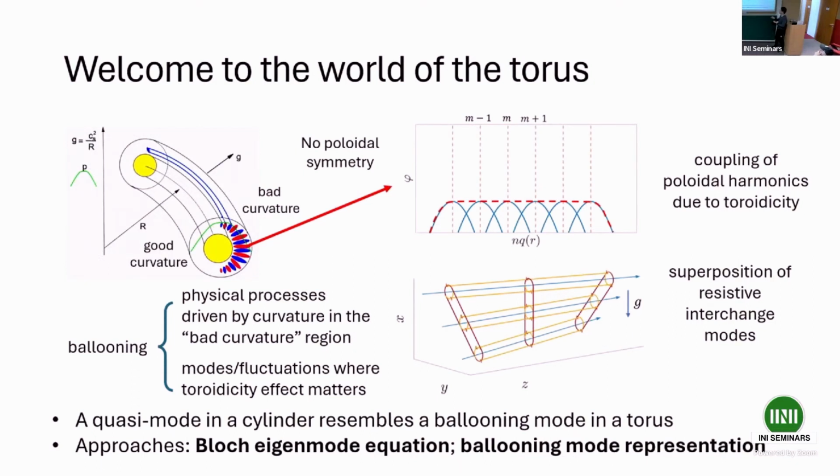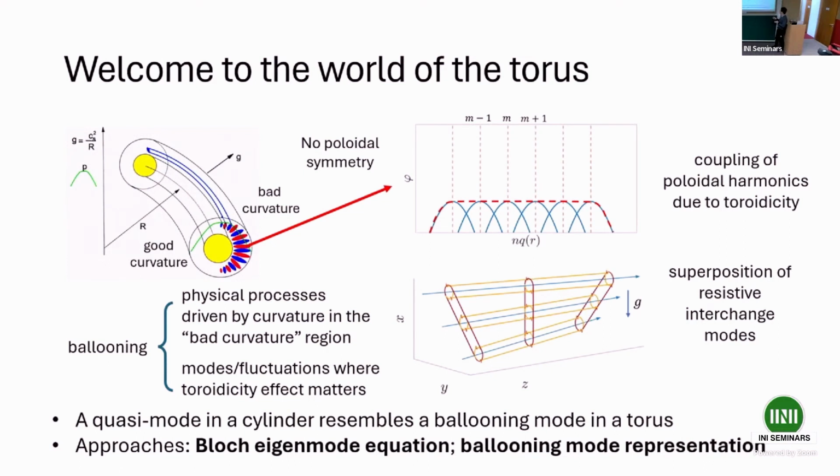The poloidal symmetry of this system is broken in the toroidal configuration because on the outer side the curvature is in the same direction as the pressure gradient, but on the inner side, these two have opposite directions. So the inner side is the good curvature regime, and the outer side is the bad curvature regime.